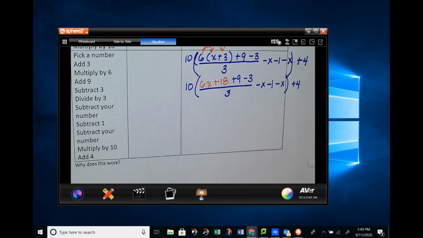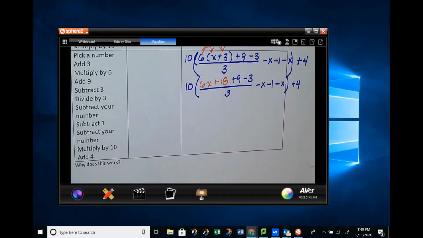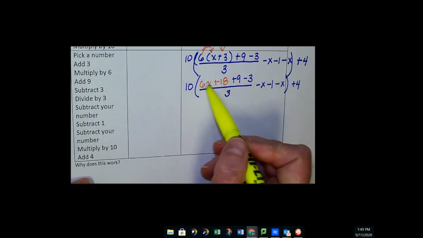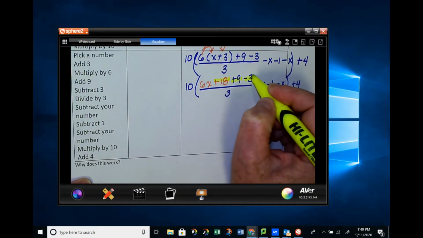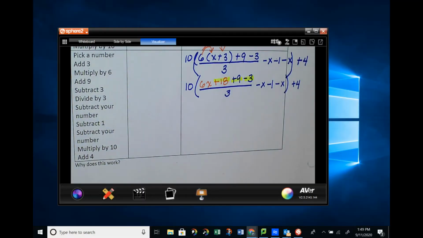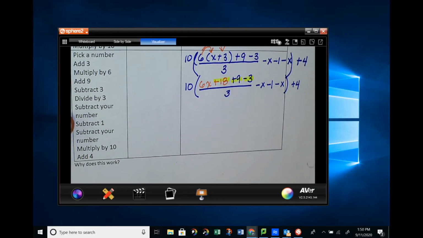So then the next part is we're going to combine our like terms. When I combine my like terms, I'm just going to look at this particular grouping: this 18, this 9, and this 3, because my PEMDAS rule says we do our groupings together. I can just combine like terms, and that would make a whole lot of sense.